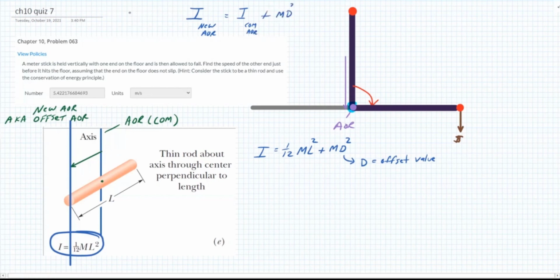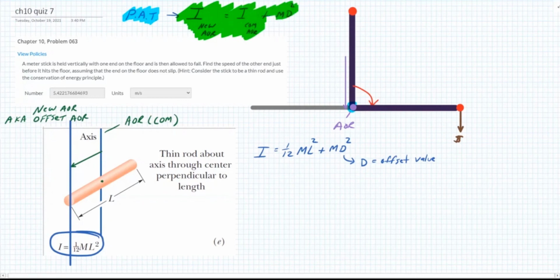This is known as the parallel axis theorem, or PAT for short. The derivation is in your green sheets. A lot of conversation is in your green sheets, although I'm having a lot of conversation here. So the rotational inertia around that new, offset AOR is just this.